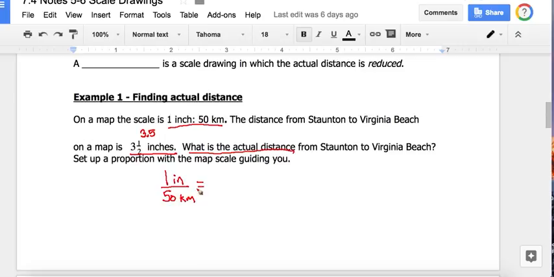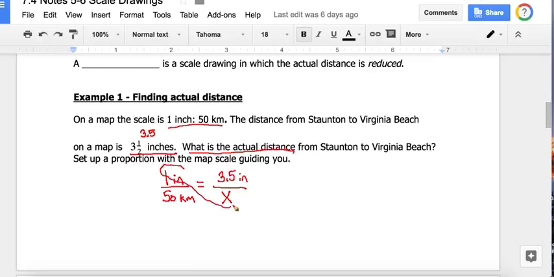Because I wrote inches over kilometers, over here I need to write inches over kilometers. They gave me 3.5 inches, so would I put the inches on the top or the bottom? Hopefully you said top. Now I have inches over kilometers, inches over x, and x is going to represent the kilometers. So when I label my answer, I'm going to write kilometers.